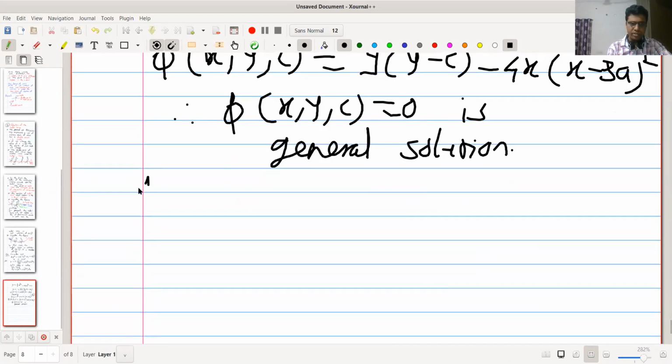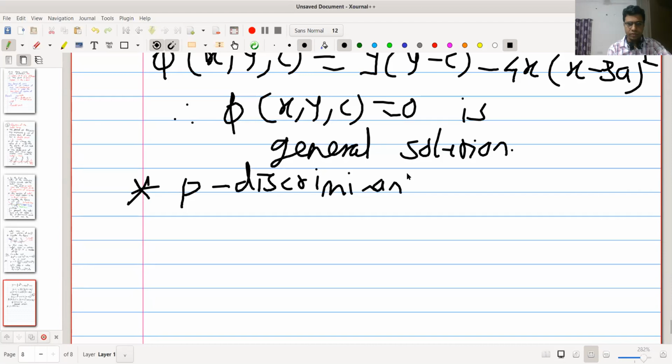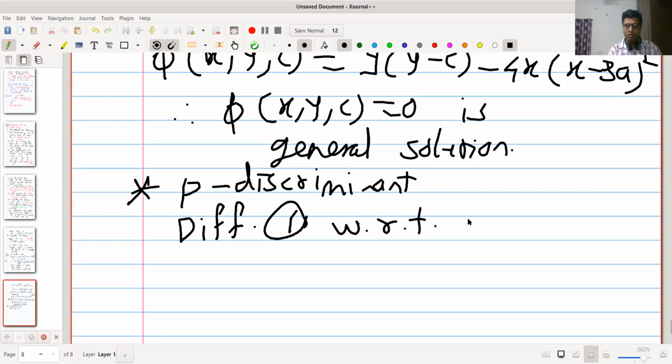Now p discriminant. We know that for the p discriminant we differentiate the given differential equation with respect to p, and then eliminate p between the newly obtained equation and the original differential equation. So differentiating 1, that is the given differential equation, with respect to p.